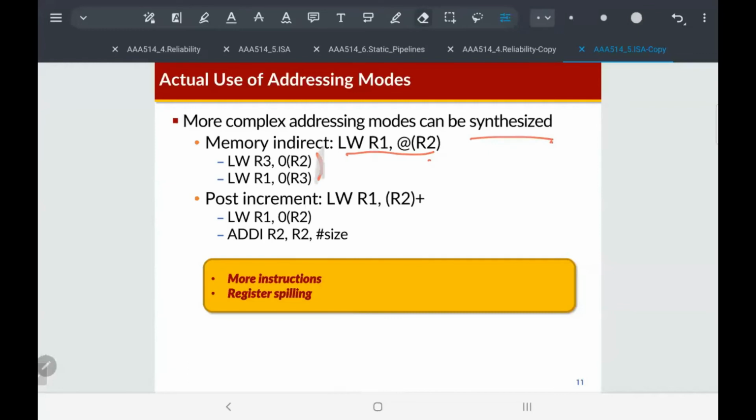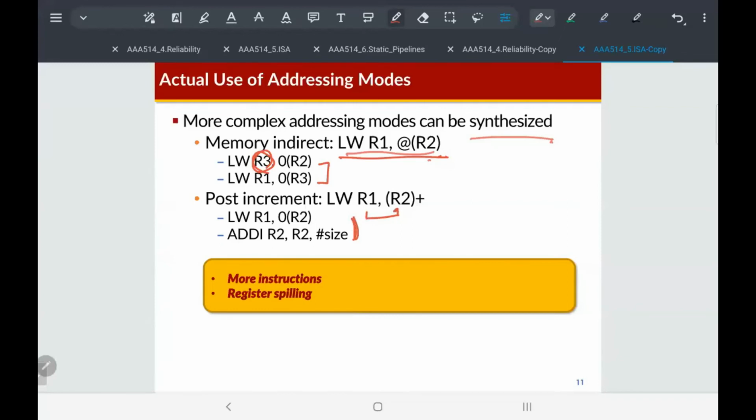The instruction that supports the complex addressing mode just requires two registers, but if we use the two instructions, then we need another register like R3 here. And this is the example of the post-increment addressing mode. The required register number is the same, but we need more instructions.